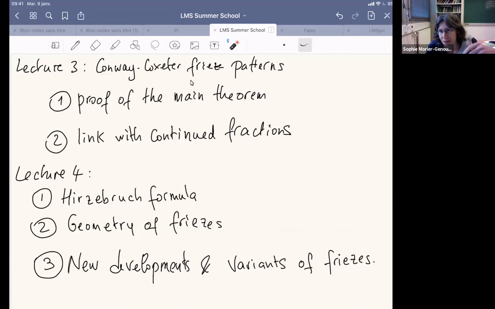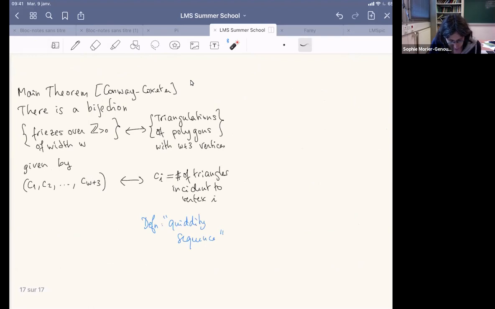So I just want to discuss some of the geometry, which was actually the motivation for the frieze, and then also talk about some new developments in this area. I think all the parts here will be independent. So if you are lost at some point, probably not, but you will be able to follow the next part.